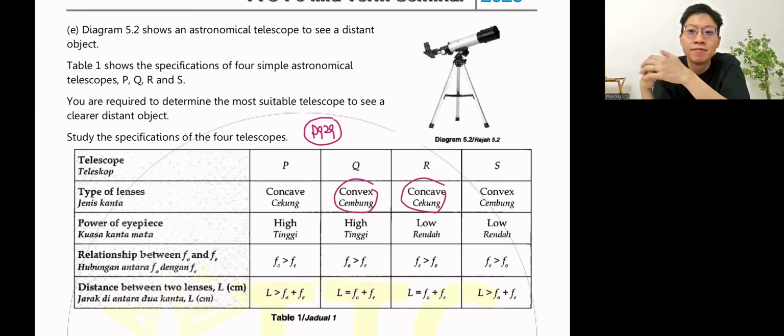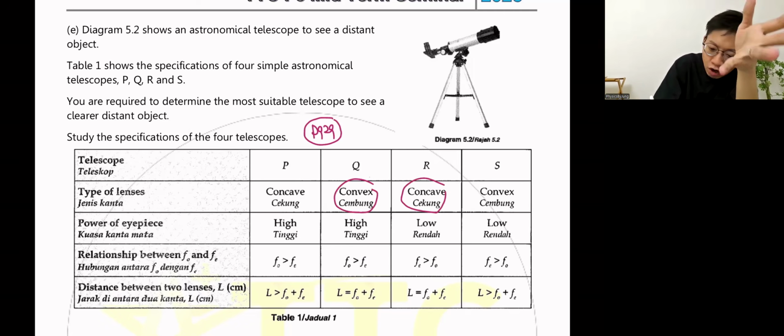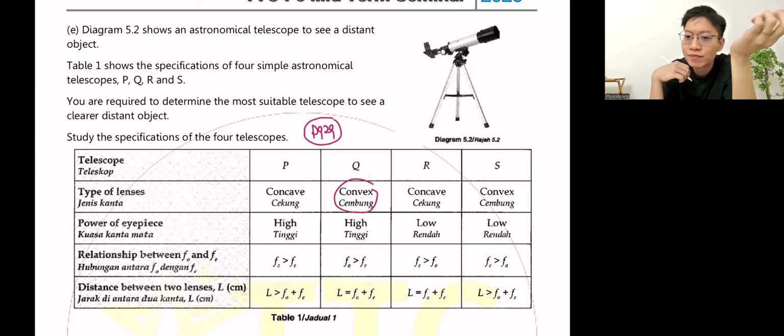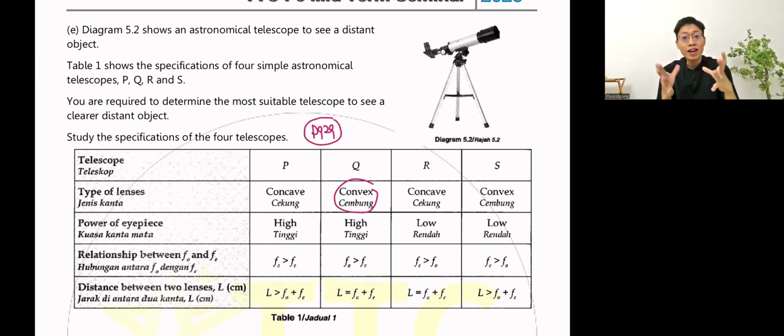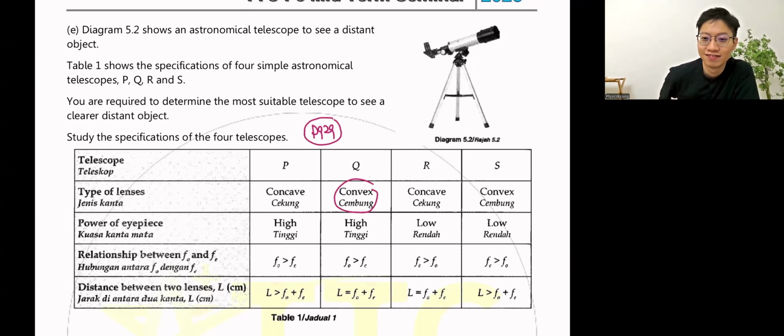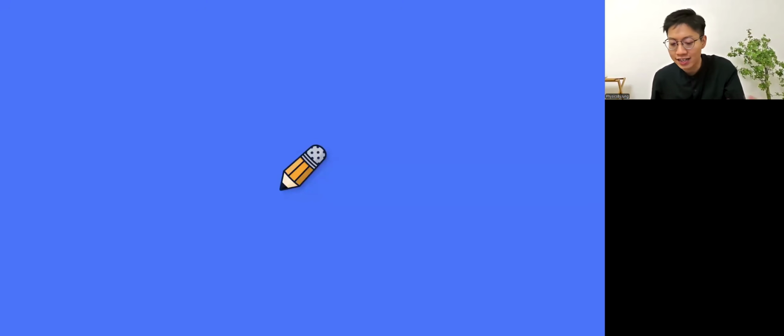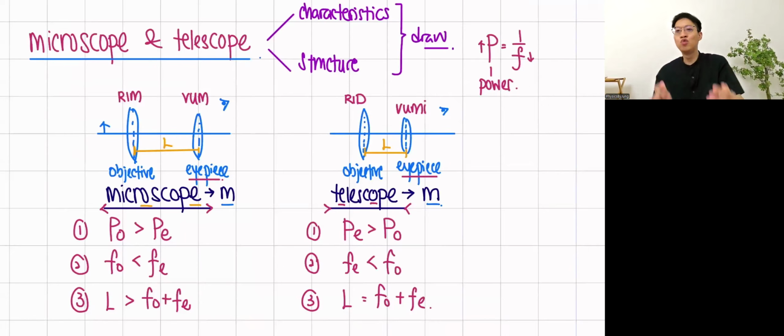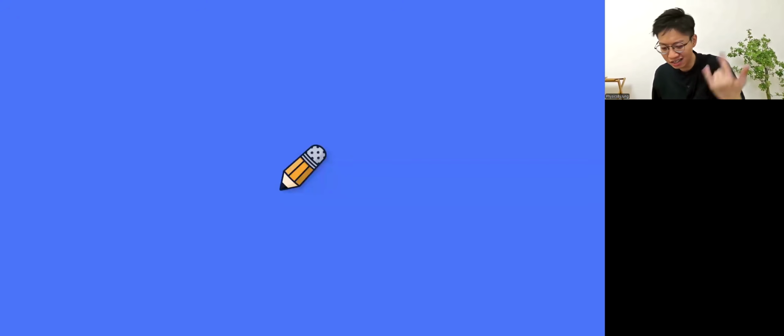The answer is convex lens, right? Because convex lens can form magnified images, right? See, what did I draw just now? Both are fat, right? Convex lens, right?